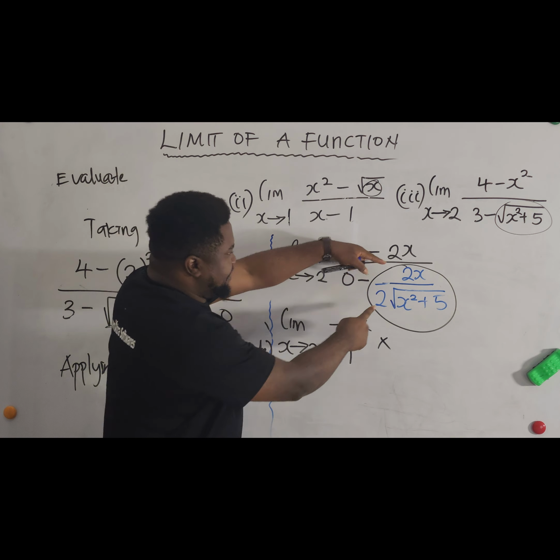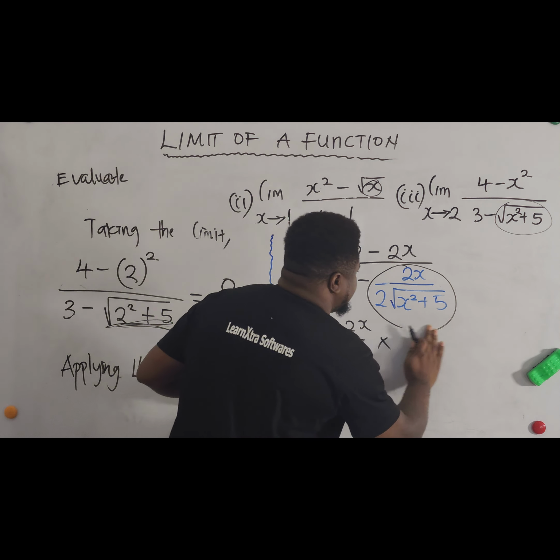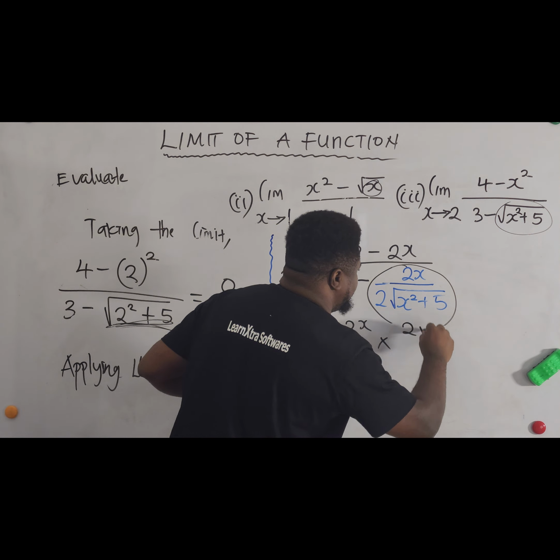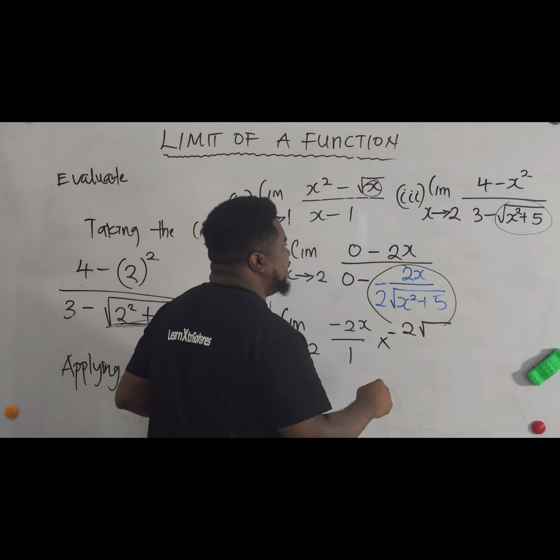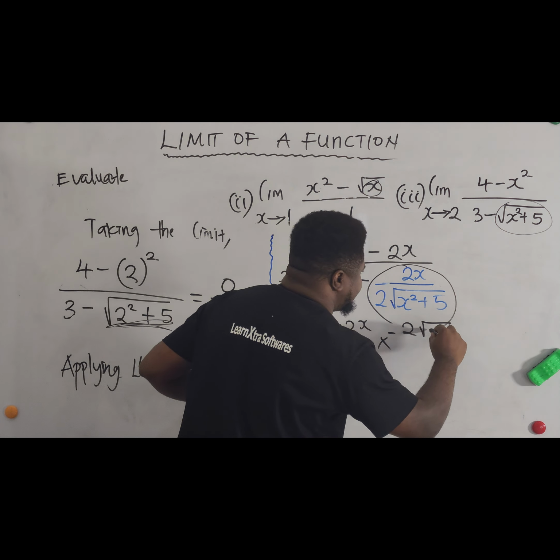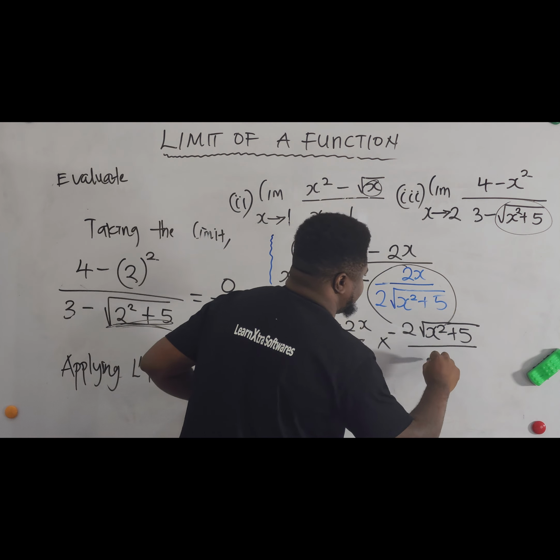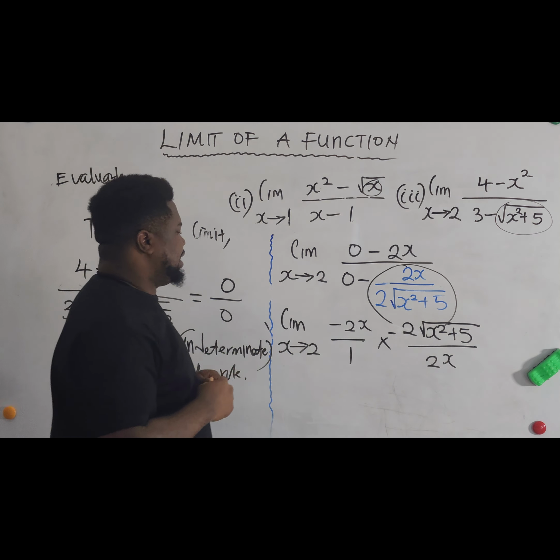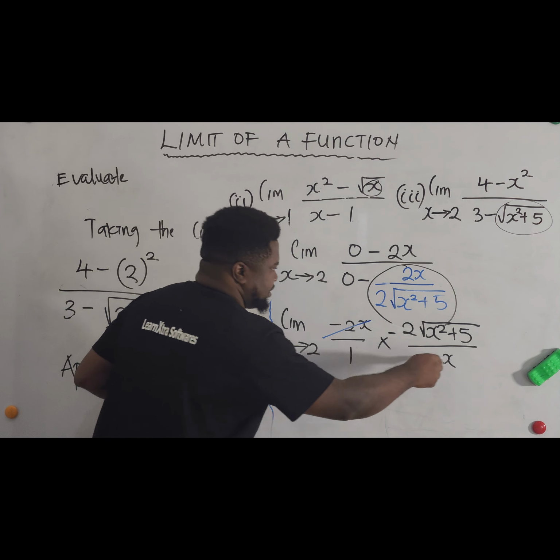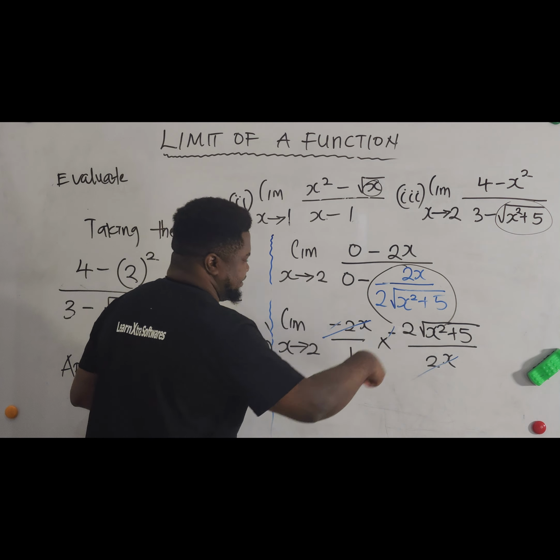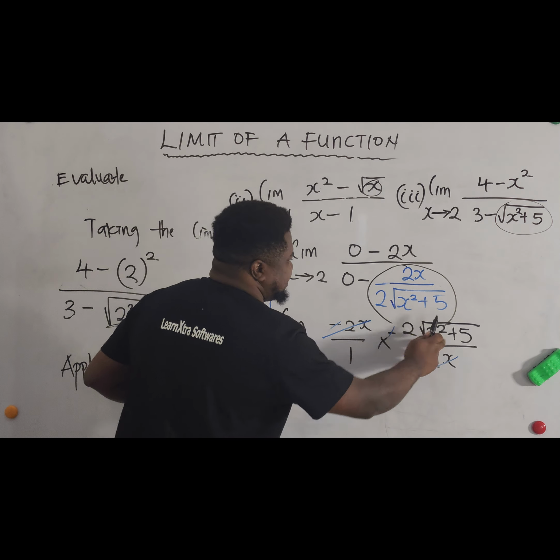We have to invert the division under. That will be negative 2 root x squared plus 5 all over 2x. It's clear like this. 2x can remove 2x. Negative can remove negative. We are left with 2 root x squared plus 5.